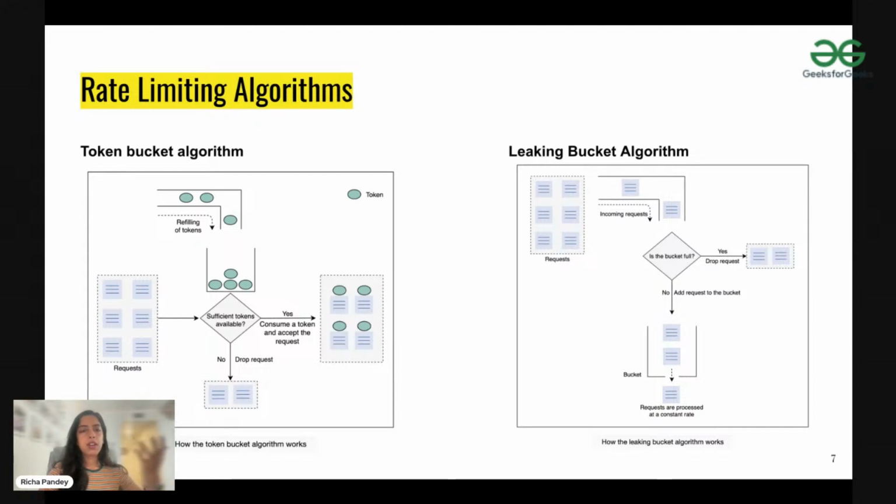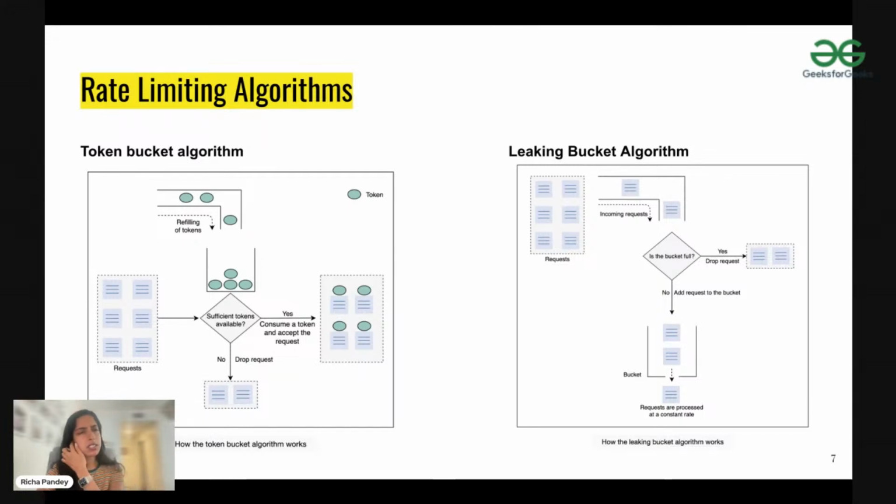Based on the capacity of the system and the number of requests we want to handle, this has to be determined beforehand. The capacity of the bucket will determine the number of requests we want to handle at a point of time, and the same goes for the refilling. How we want to refill the tokens, both of these numbers have to be predetermined.